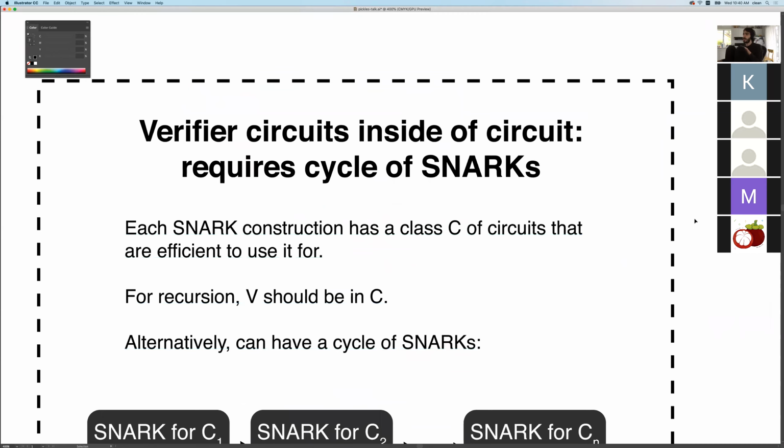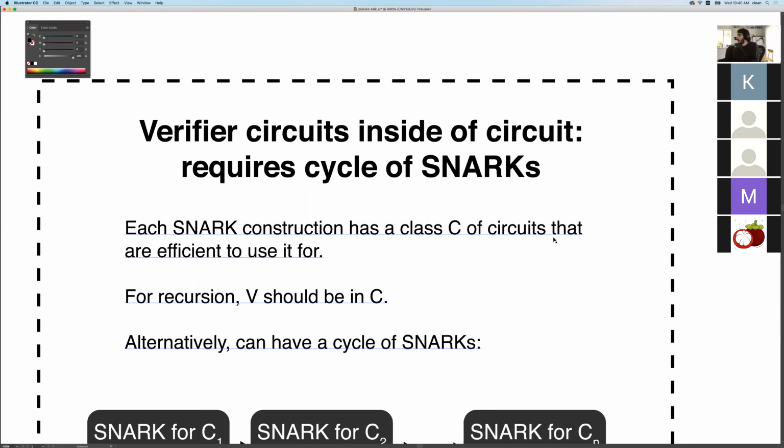So usually it's circuits which are efficiently described as arithmetic circuits over some particular field. So given that we want to stick a verifier inside of a circuit, to be certified by a SNARK, the verifier should be in the class of circuits that are efficient for the SNARK that we're going to use it with.